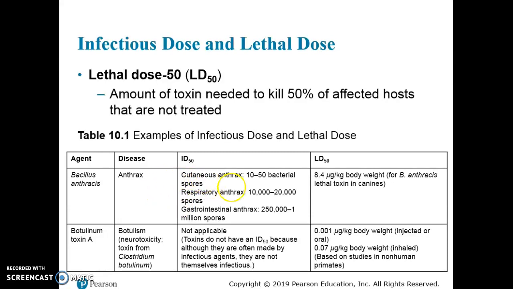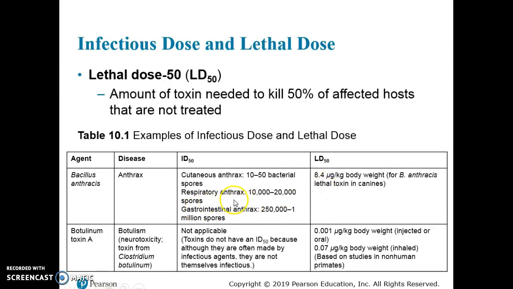And with cutaneous anthrax, this is actually quite problematic. You only need 10 to 50 bacterial endospores on your body, all right, in a cut or something, in a scratch, in order for you to get cutaneous anthrax. And cutaneous anthrax would be this pretty nasty ulcer-like disease scenario on your skin.